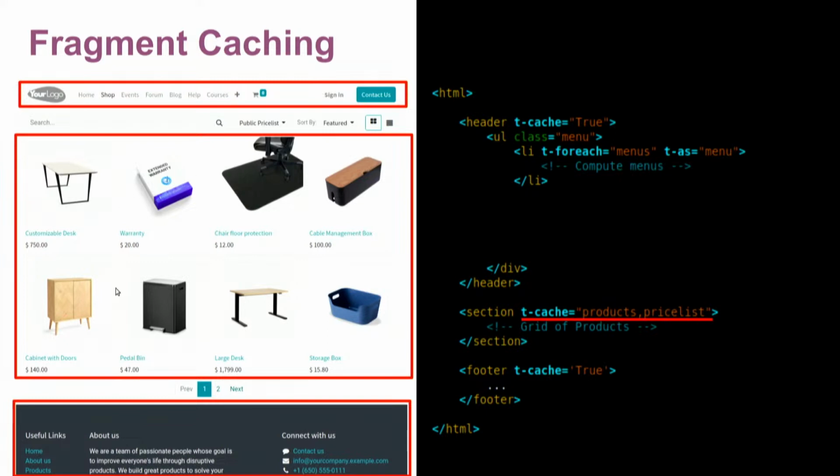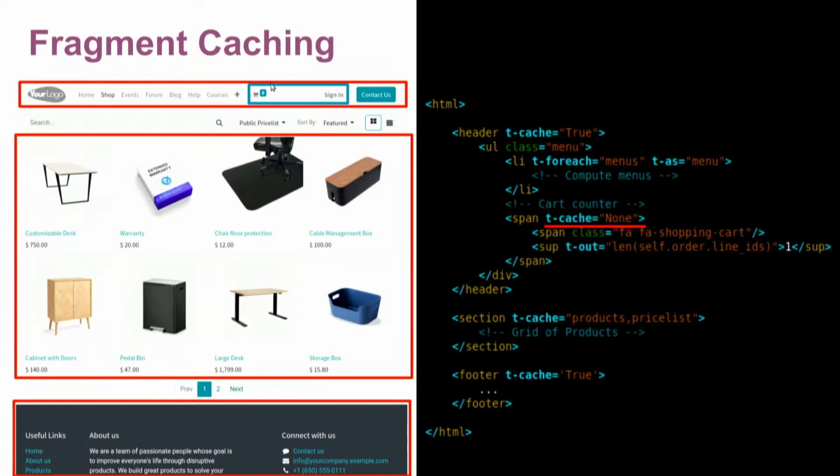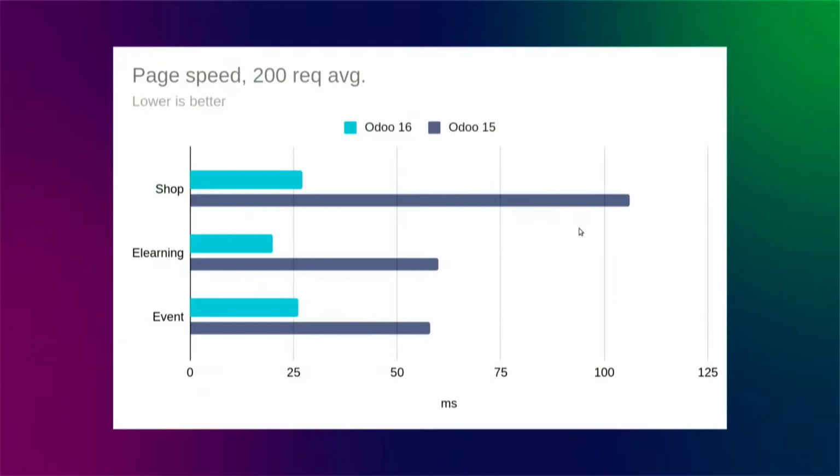So you may have different versions of this cache depending on the products the user is viewing and the price list. And so we don't need to compute anything just to render this page because we have the different cache layers, fragment caches, and some are depending on different attributes, so it's easy. And this one, for instance, the green one, depends on whether the user is logged in or not.